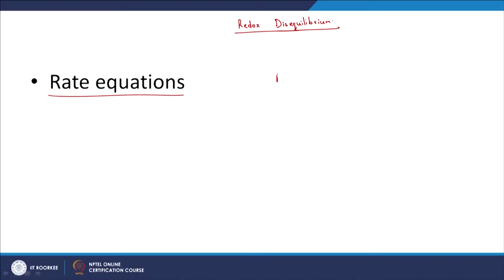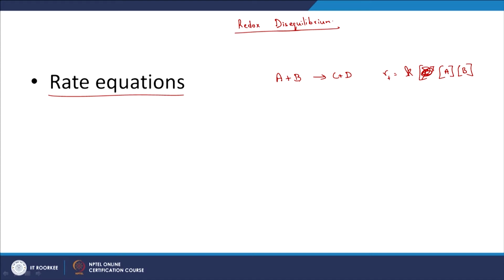Let's say A plus B goes to C plus D, and what is the rate of this particular reaction, the forward reaction? It's going to be equal to the rate constant of the relevant reaction times the concentration of the reactants, raised to the stoichiometry.